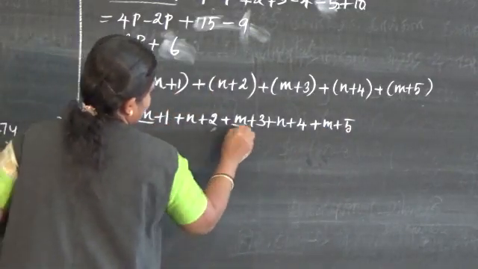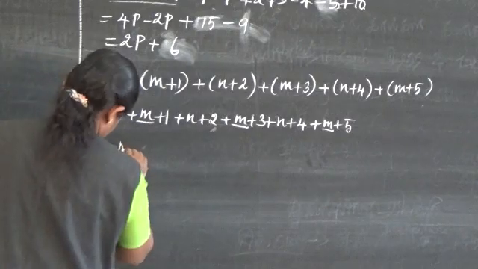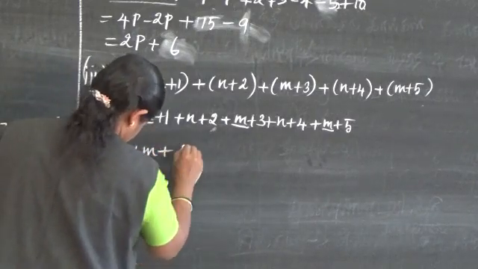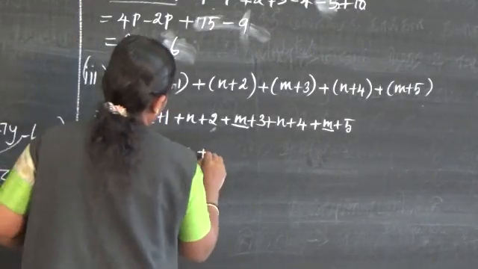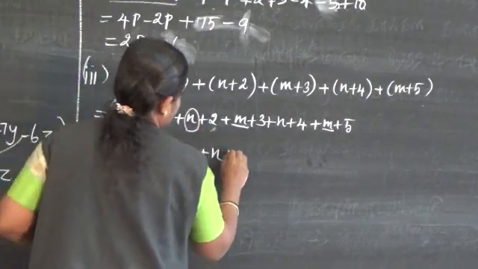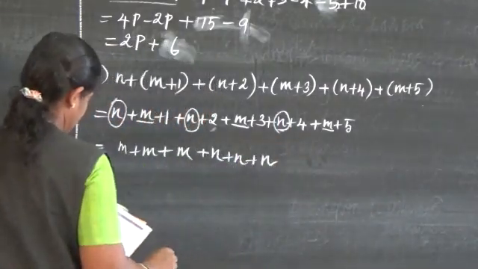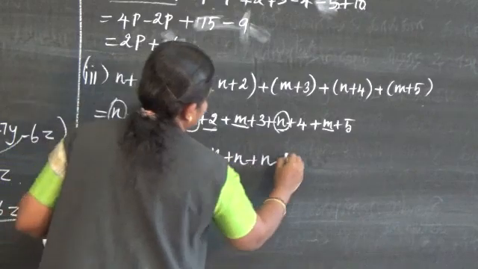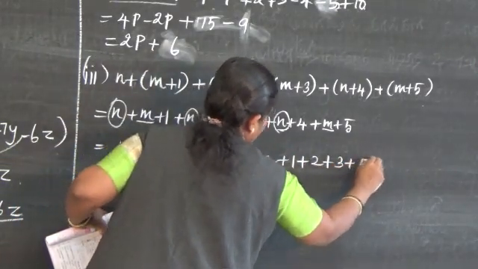Totally 3 m's are there, so m plus m plus m. Now how many n's are there? Here 1 n, here 1 n, here 1 n, so totally 3 n's. Now group the constant terms, 1 plus 2 plus 3 plus 5.